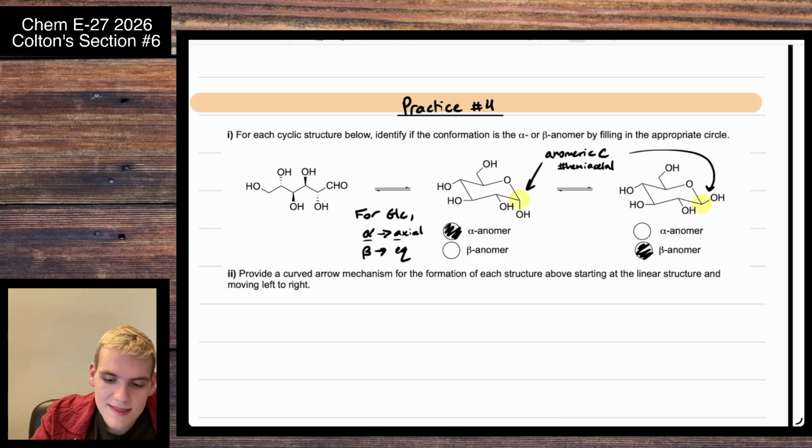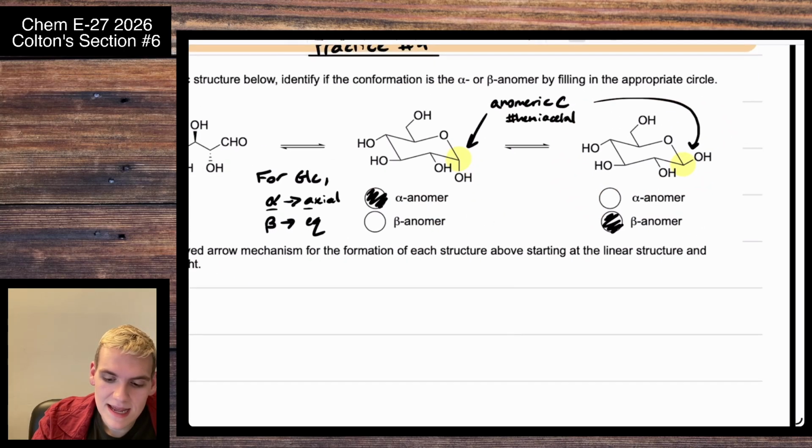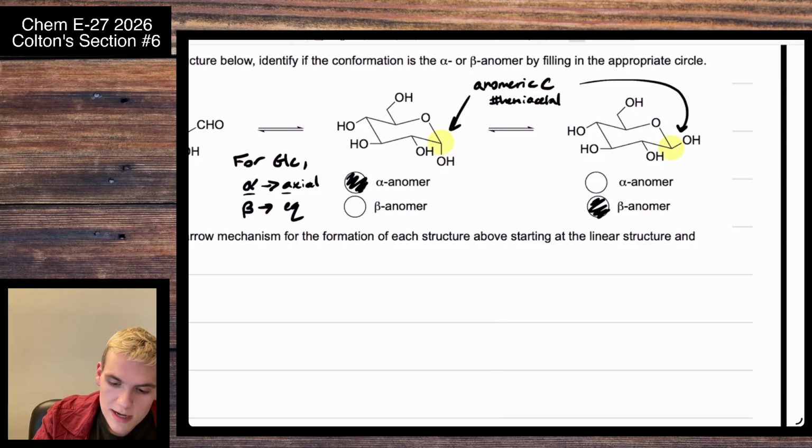So I will just say that when we go from a straight chain sugar to cyclize into a ring, we could form this alpha one, or we could form this beta one. And the thing that we see is the beta one is about 60%, and the alpha one is about 40%.